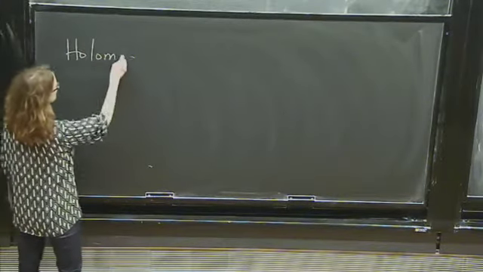I want to emphasize the soft ingredients, but really the complex dynamics pieces and not the number theory side. So maybe I'll just begin by saying, what is the setting? I'm interested in studying families, or what we call holomorphic families of rational maps, f sub t.